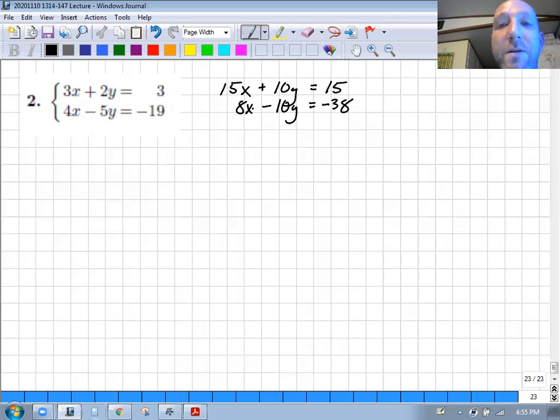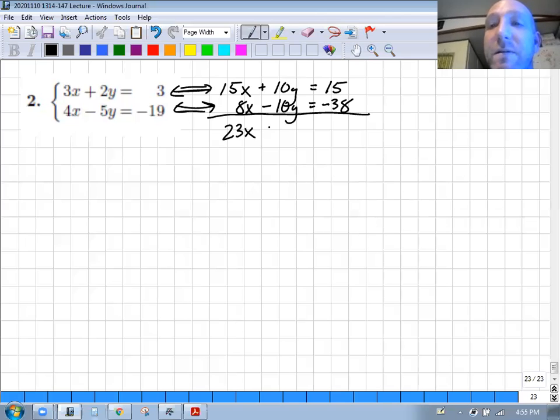Okay, so these are equivalent. This one's equivalent to that, and this one's equivalent to that. They're the same thing. I just multiplied through by a number. There's no new information. But if I add these, I got a 23x is equal to a negative 23.